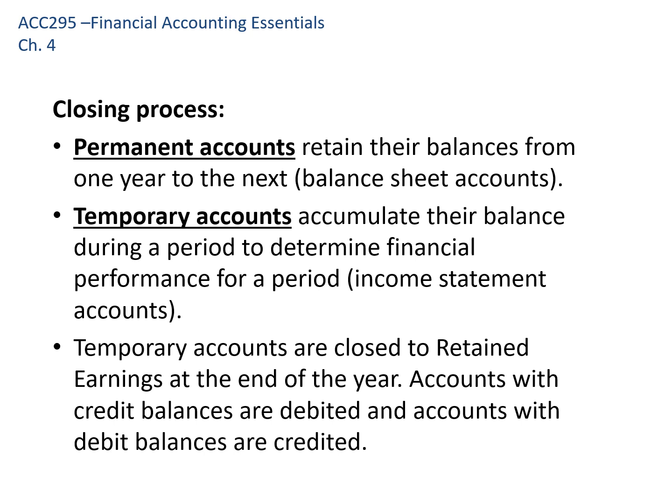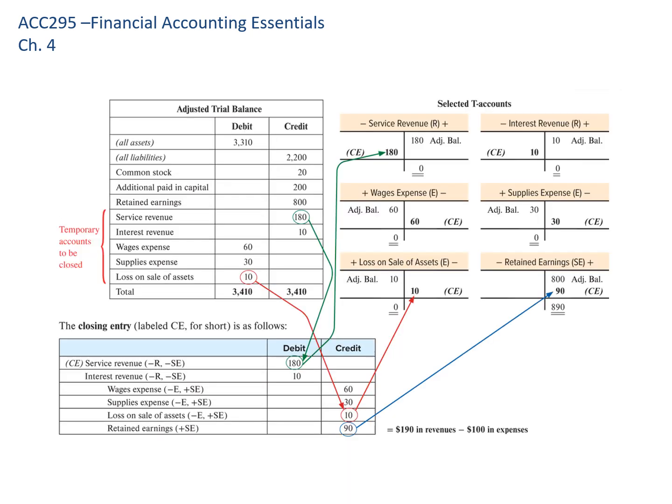That's how revenues pull up retained earnings. Retained earnings has a normal credit balance as part of stockholders' equity, and expenses pull down retained earnings with a debit to retained earnings. So here's a document that you can see how that's being done in a simple system.